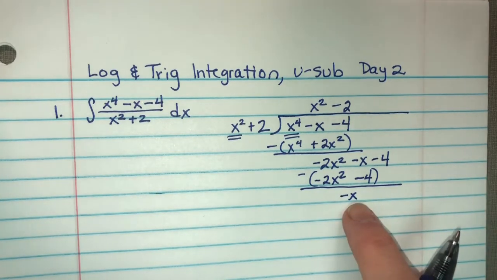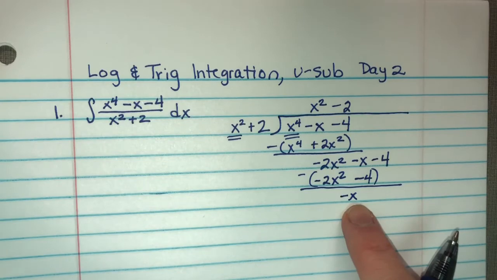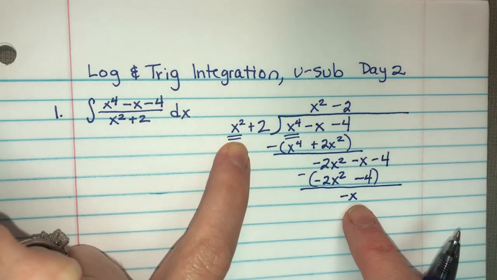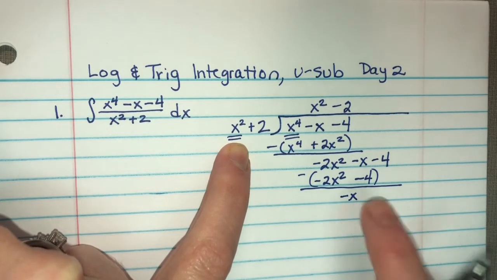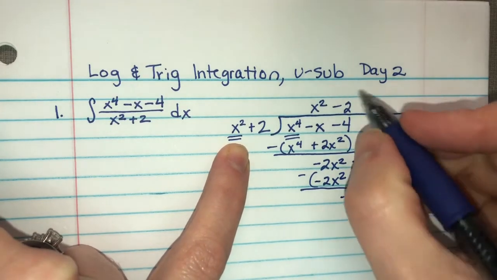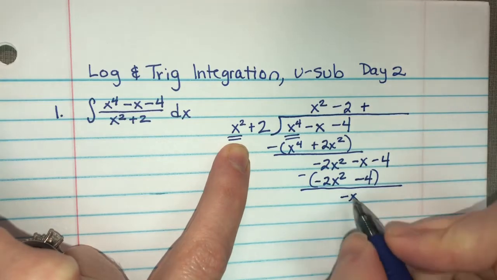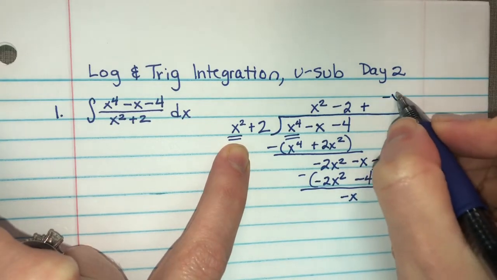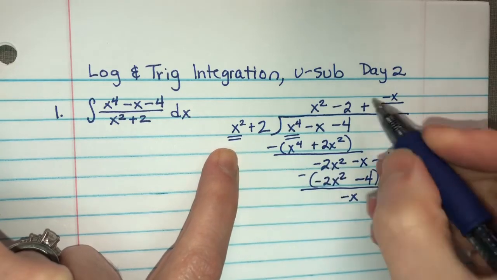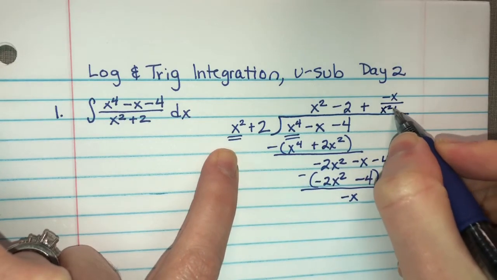Now, as soon as the answer that we have here is of lower degree than the one that we're dividing by, that's when we stop. That's when we're looking at our remainder. This is the remainder. So the way we write the remainder is we go plus this remainder, negative x, over the number that we were dividing by, x^2 + 2.